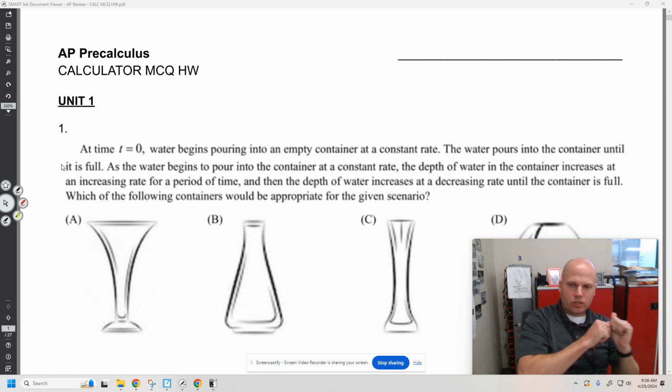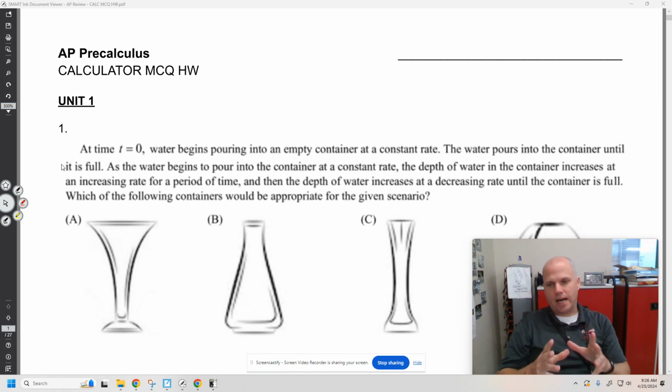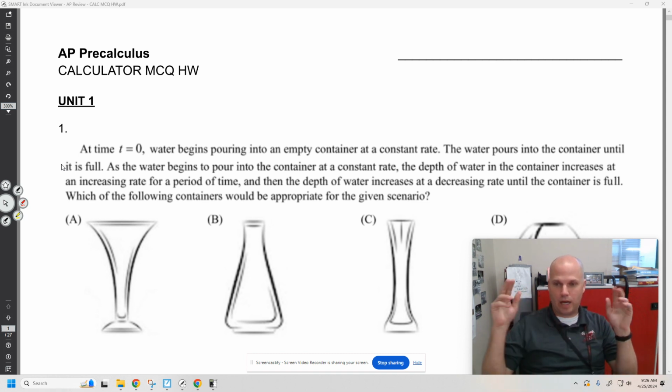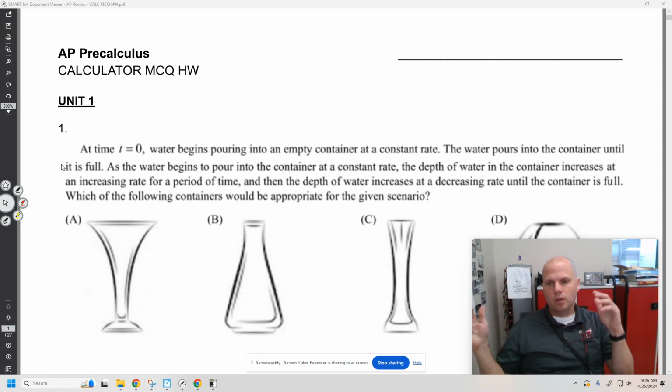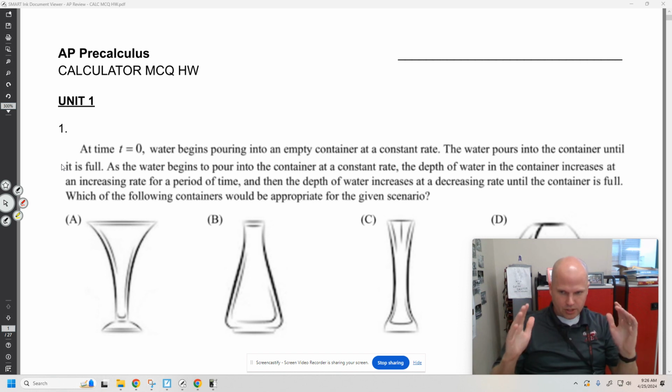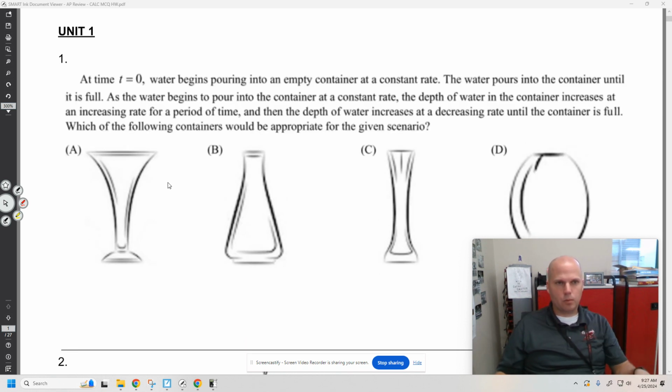A lot of the questions on the no calculator part, if you had a calculator, you could kind of graph and investigate and be able to figure out a lot of the problems without knowing the conceptual answers. You will never see those questions on the calculator part. But on the calculator part, you won't be using your calculator on every single question. So here we go, number one.